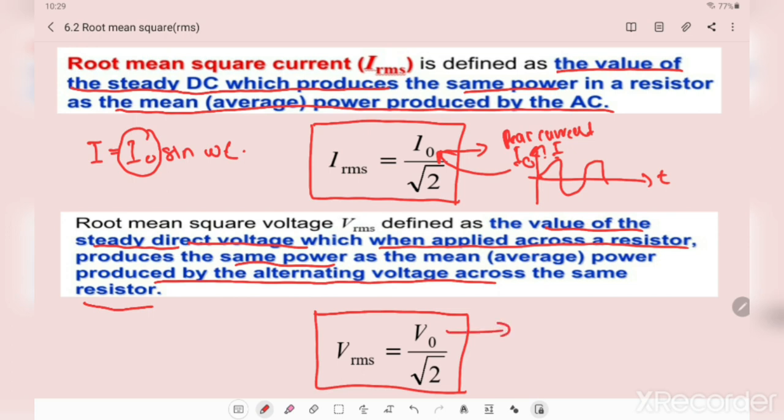The peak voltage can also be obtained from the V-T graph, and from the equation V equal to V naught sine omega t, for the peak voltage.